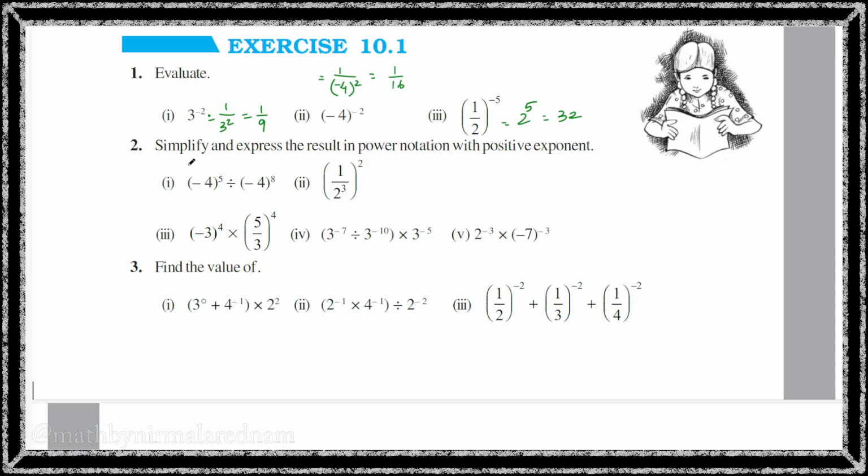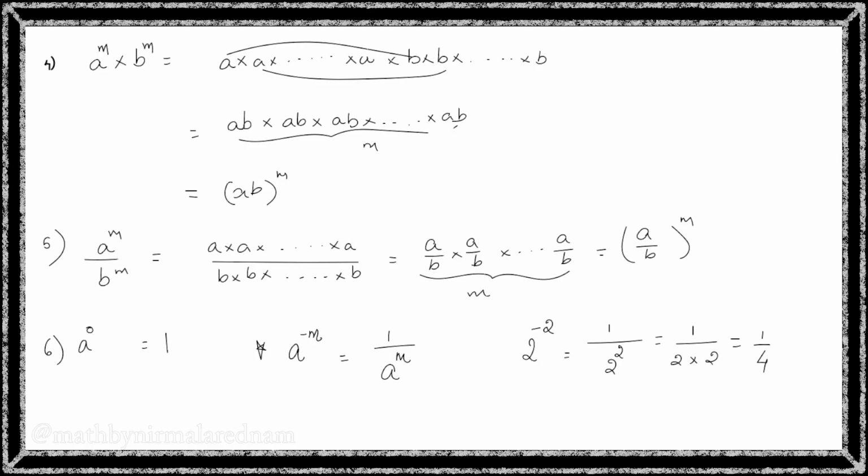So the second question, simplify and express the result in power notation with positive exponent. Now they want us to express only in terms of positive exponent. So let me take this up in the whiteboard. Right? So here we are talking about exercise 10.1.